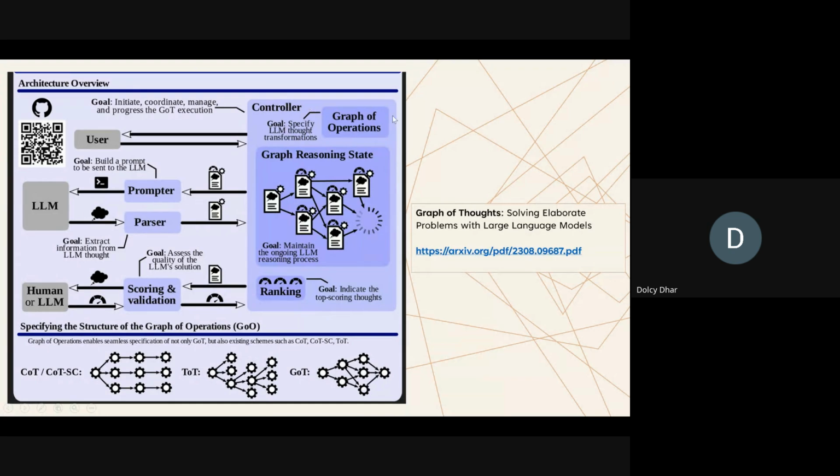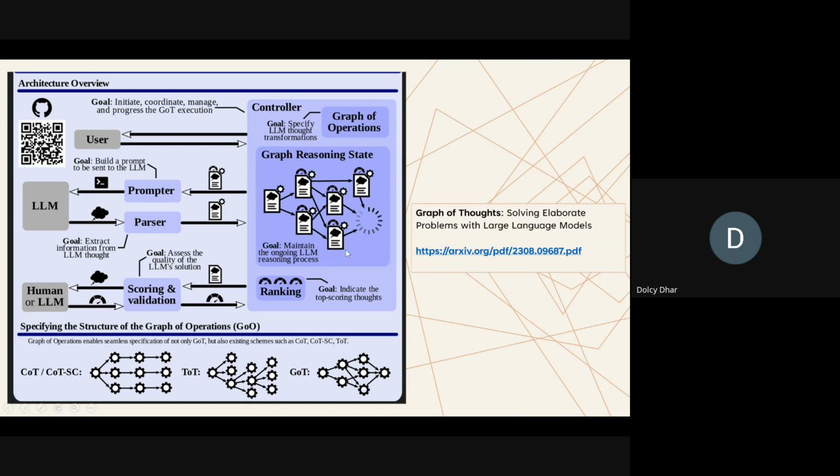The controller takes the logic as an input, holds the logic, and keeps prompting the LLM. It uses the prompter to prompt the LLM and the parser to get the LLM's answer. It keeps track of the order of the graph of operations, and it maintains the ongoing reasoning.